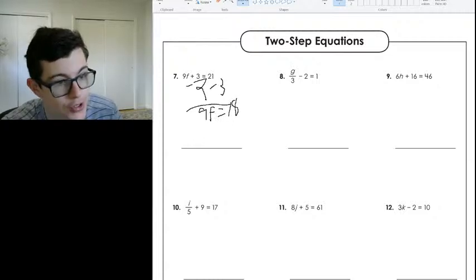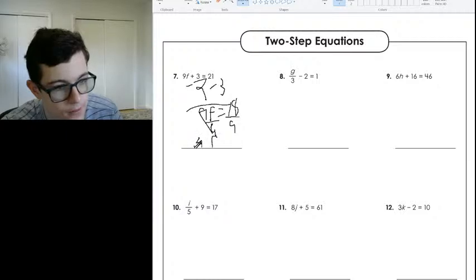Our next inverse operation is division, so we divide 9 by both sides. Get f to equal 2.